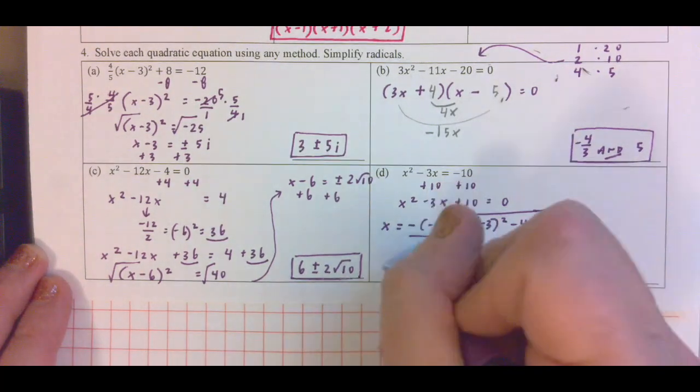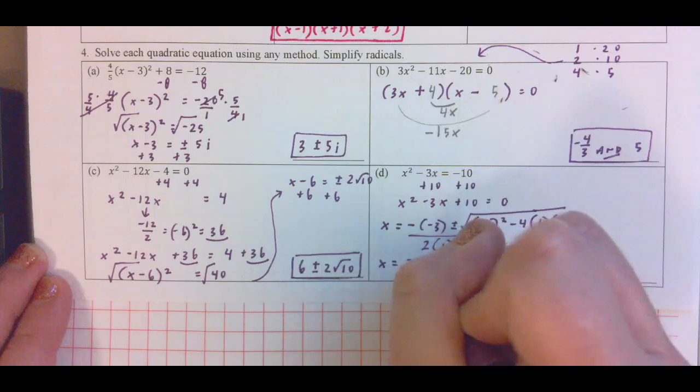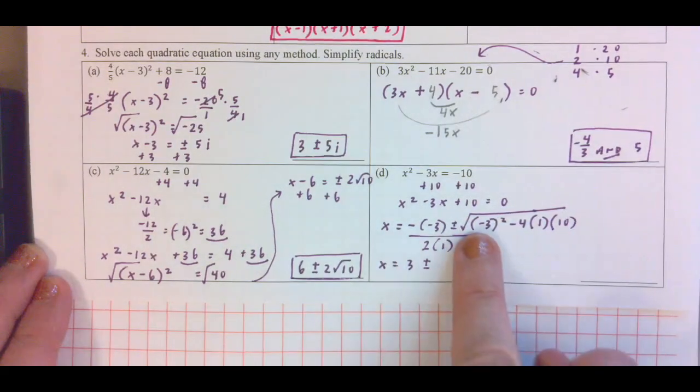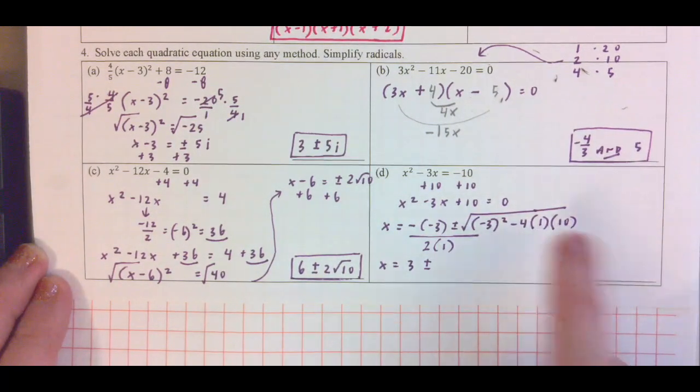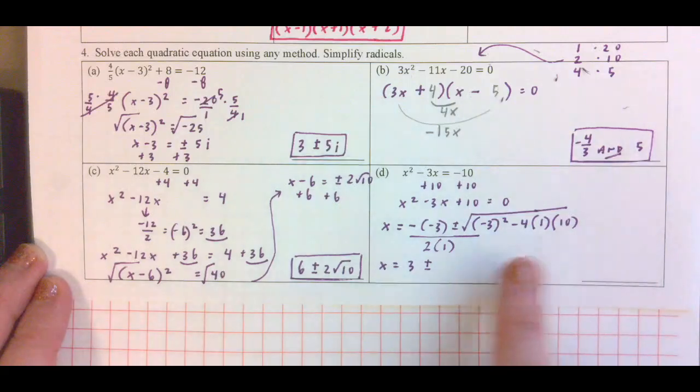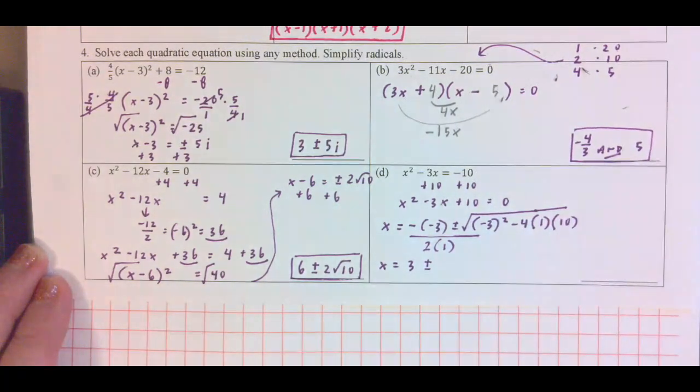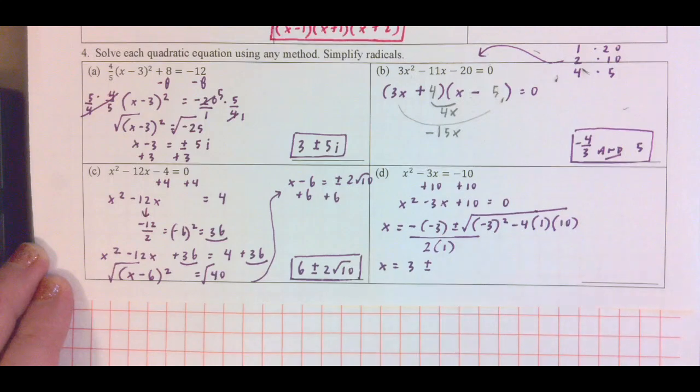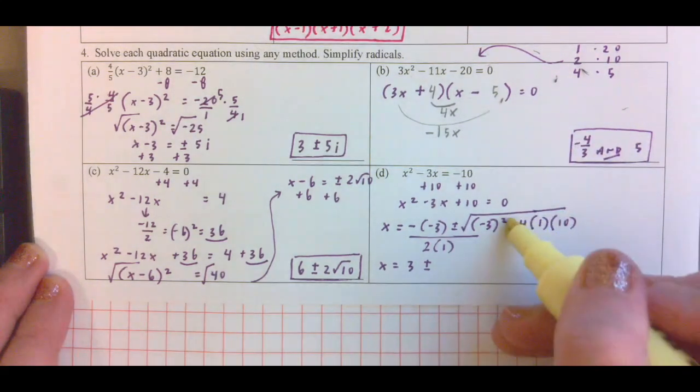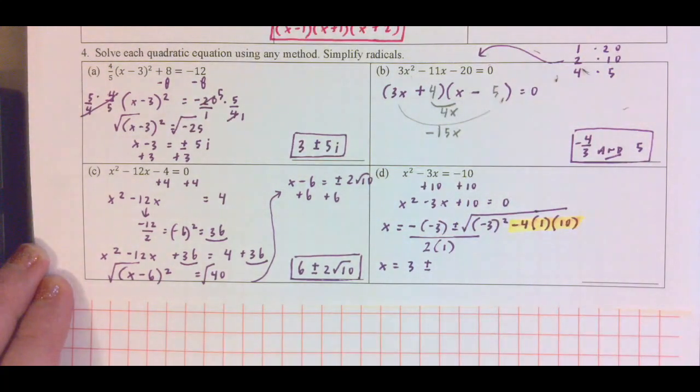Okay, so as I clean that up, x equals 3 plus or minus 9 plus 40, or not plus 40, 9 minus 40, right? We point that out because I often tell you that's a place to make a mistake, and I almost made one. So here we go. 9 minus 40 all over 2.